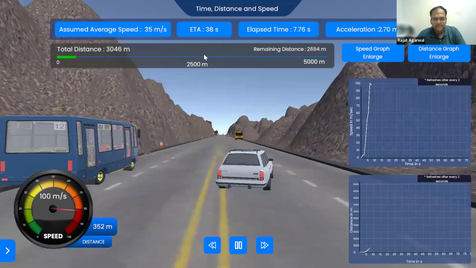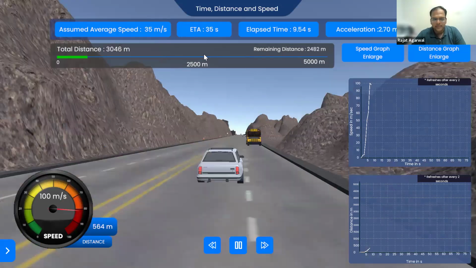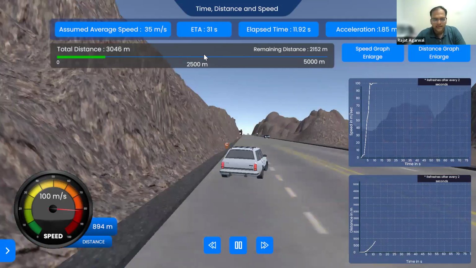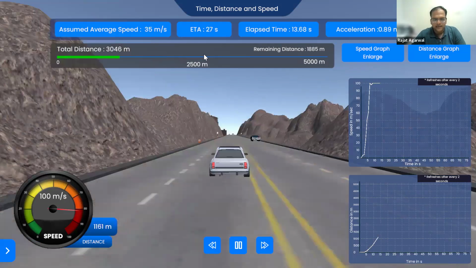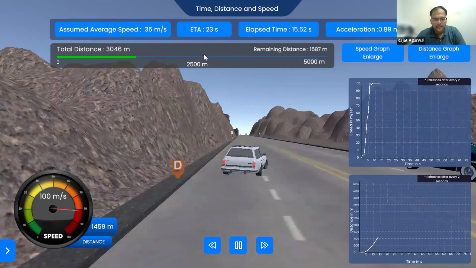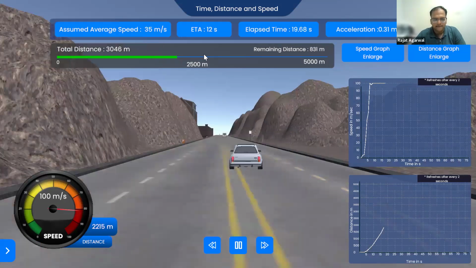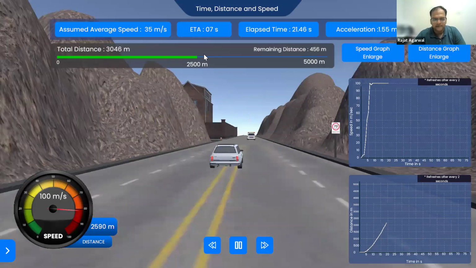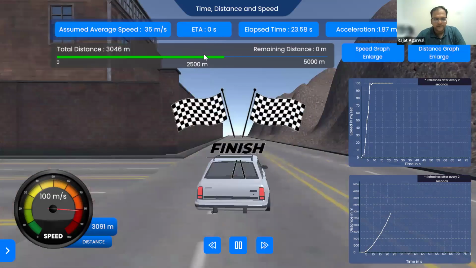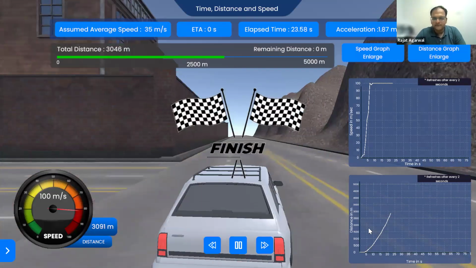So okay, this is very, very interesting. You see the kind of graph which gets plotted when it comes to the traffic road as well.